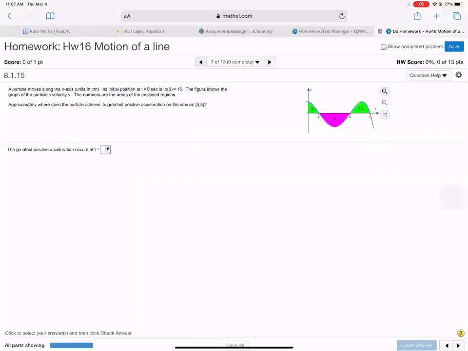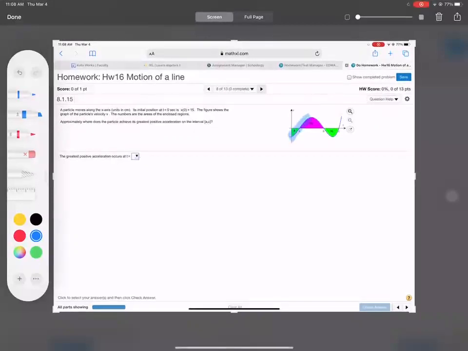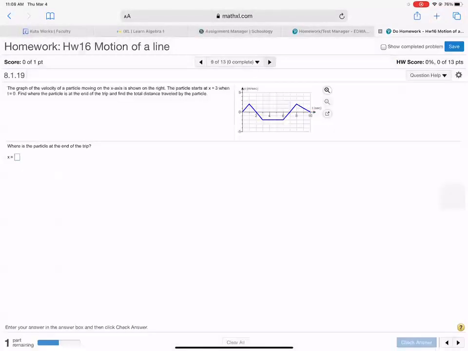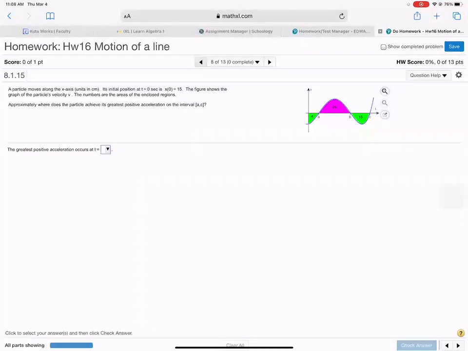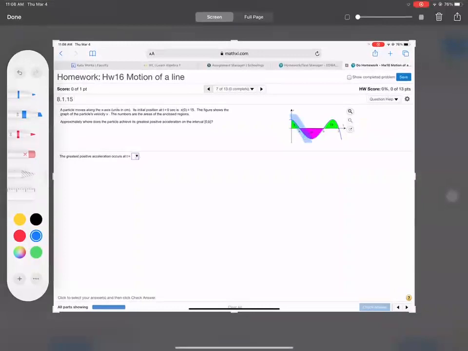These graphs, it's giving me a new problem every single time I'm flipping this. So for this one here, the greatest positive between A and C is going to be right here, going that way. Okay, look at this one. This is a negative acceleration because the derivative of velocity is acceleration, so that's the tangent line.